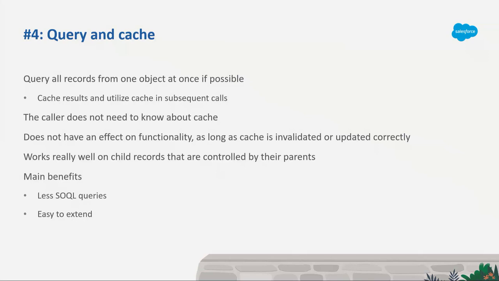And if this is implemented properly, then the caller does not need to know about the cache, or at least it doesn't need to know whether the record was retrieved from the cache or from the query. This does not have any effect on the functionality as long as we invalidate or update the cache when the records in the cache change. We will cover that after a while.